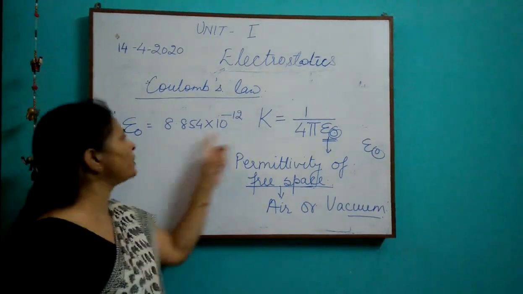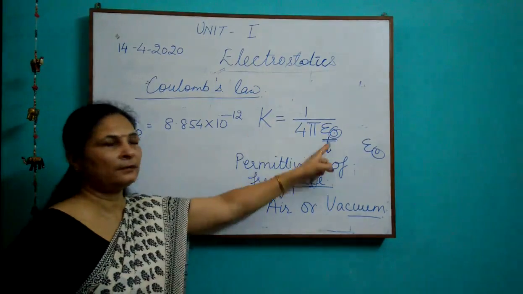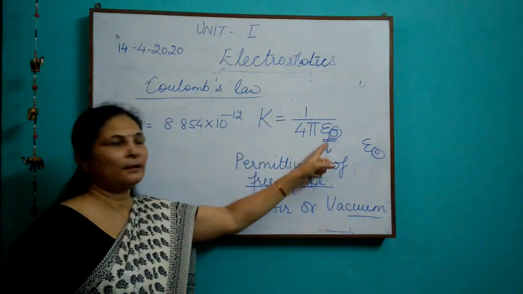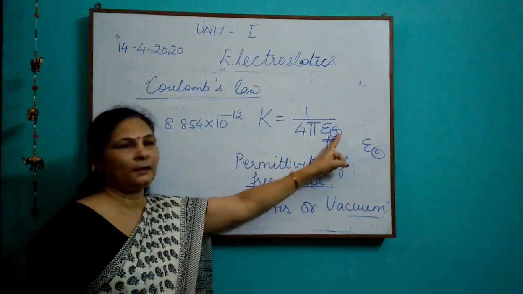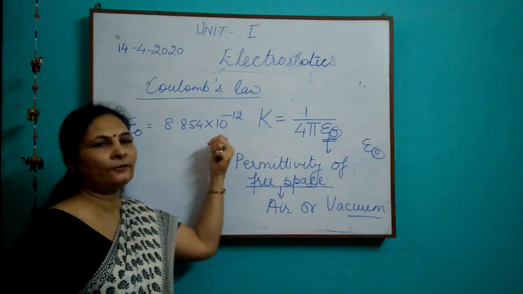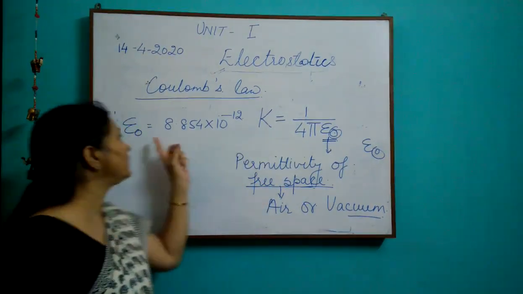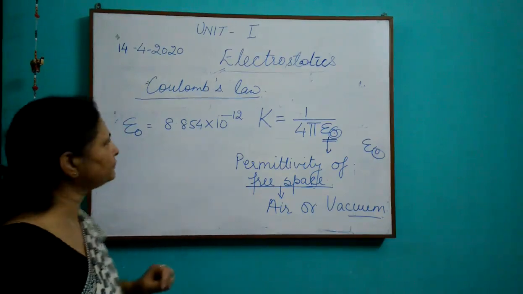Now you can see what the unit of epsilon naught shall be. It is just the reverse of K, because epsilon naught is equal to 1 by 4 pi K. So just the reversal of the unit of K will be the unit of epsilon naught. I think you can do it yourself.